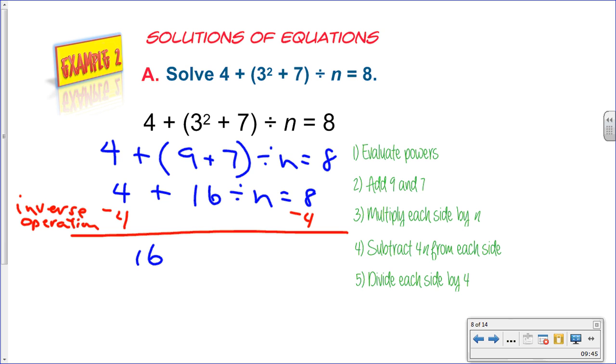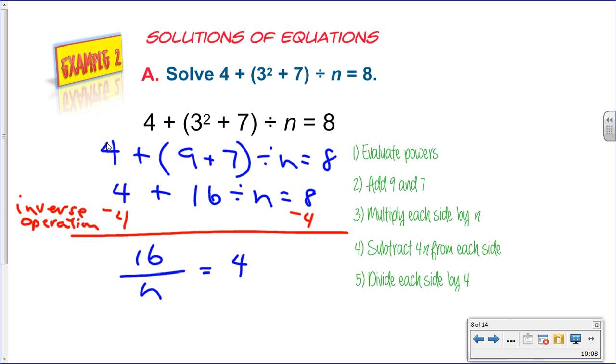What do you end up getting now? 16. Now, I would suggest that you do this. Change this to 16 over n, so you can see it a little bit better. Can I leave the n on the bottom of the fraction? How do I get it to the top?